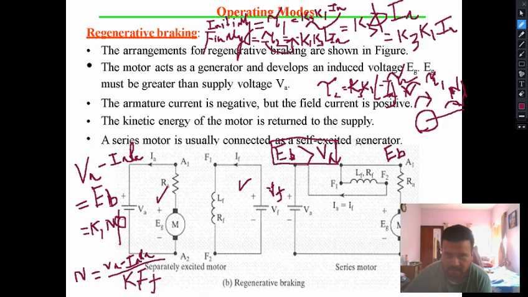So now the equation will be EB minus IARA is equal to VA.